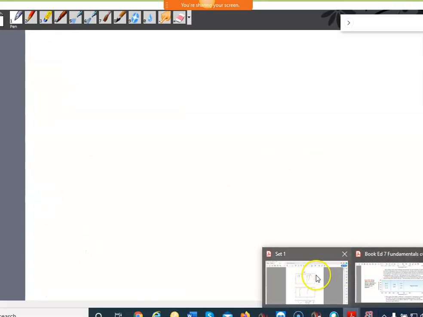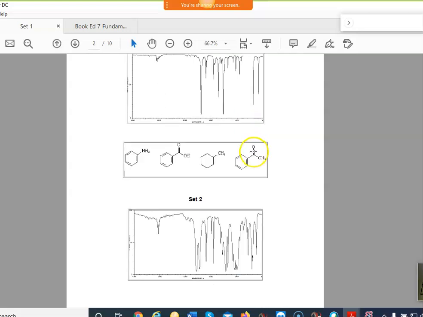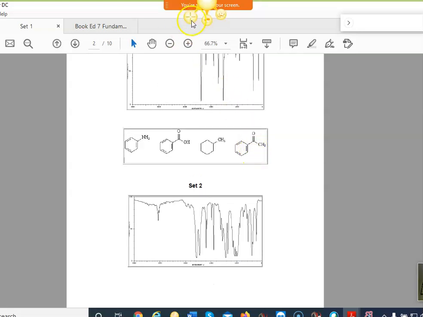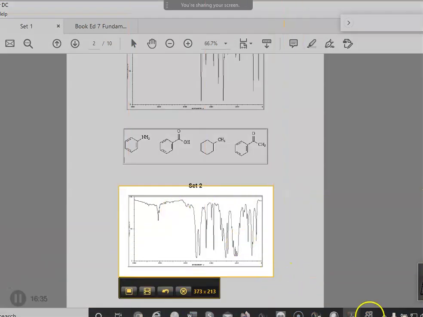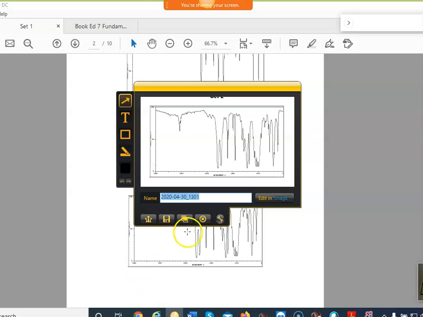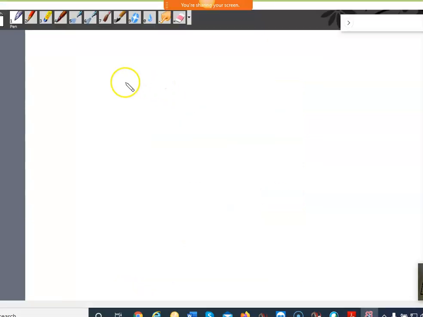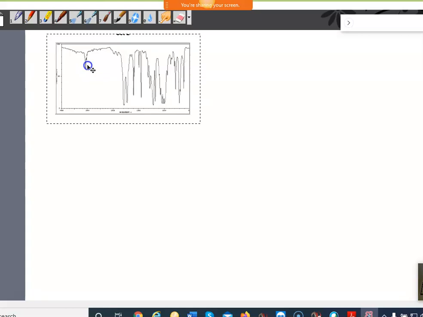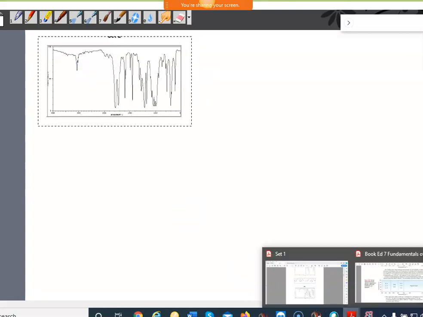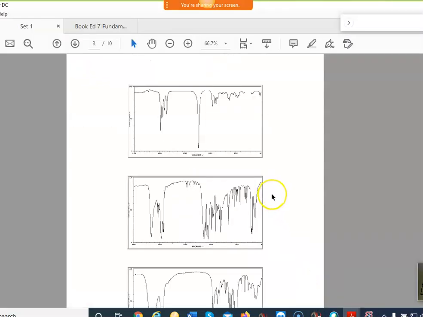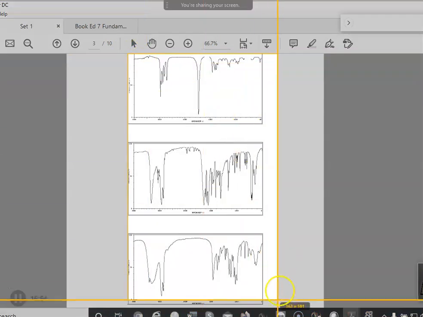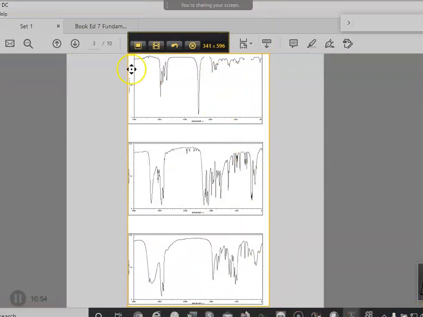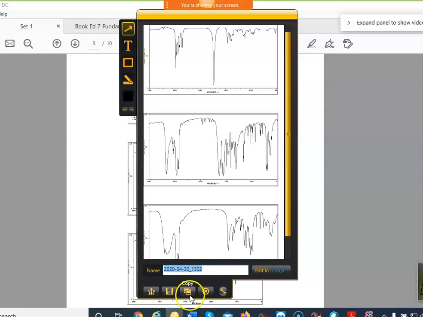All right, I thought what we would do is do it for set 2 as well. I'll copy and paste them into here, and then I'll give you guys a chance to work on it, and then we can go over it again. I feel like this is a good way to do it, to give everybody a chance to work on them. If you downloaded it, go ahead and do it.